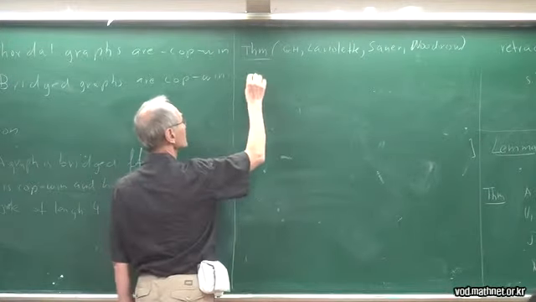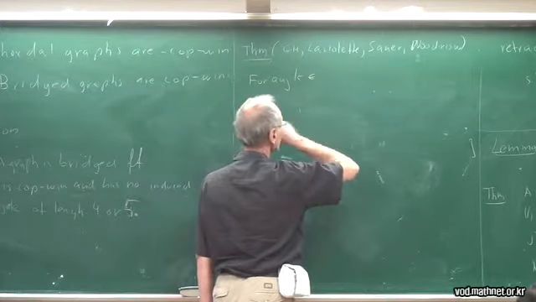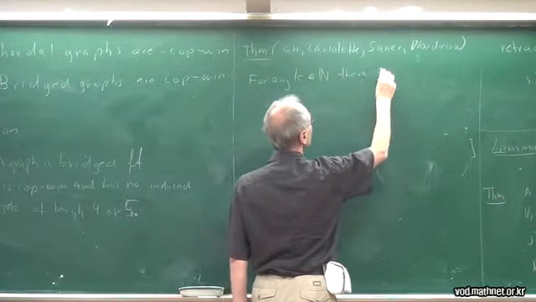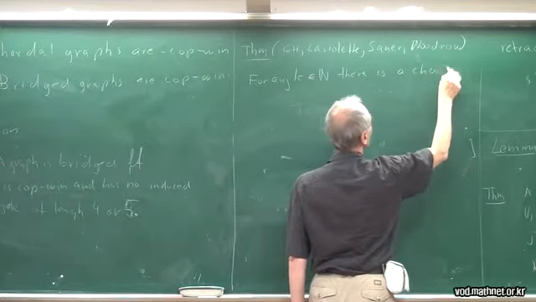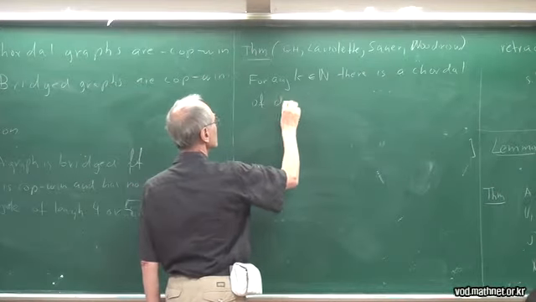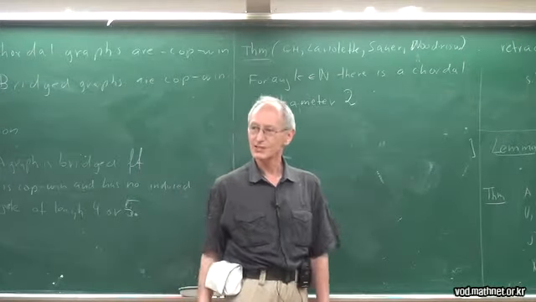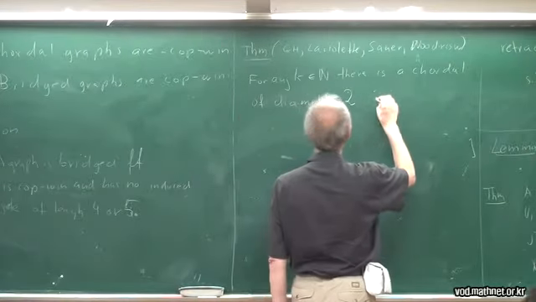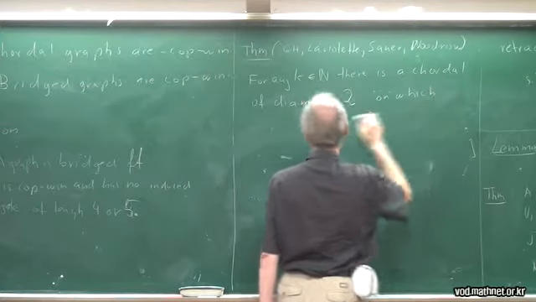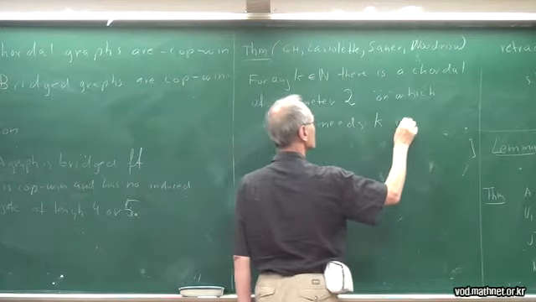And the theorem says this: for any k there is a chordal graph, that's better than bridged, chordal of diameter 2, that's pretty strong, diameter 2, on which the cop needs k rounds.